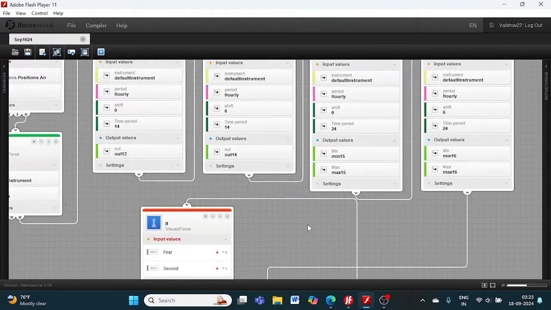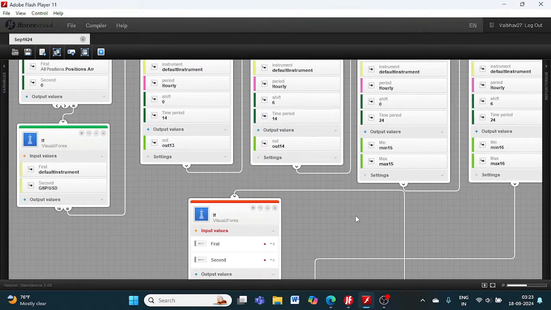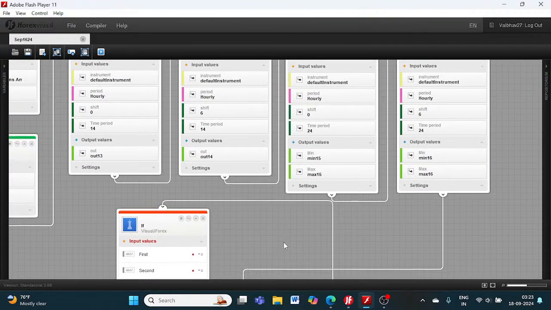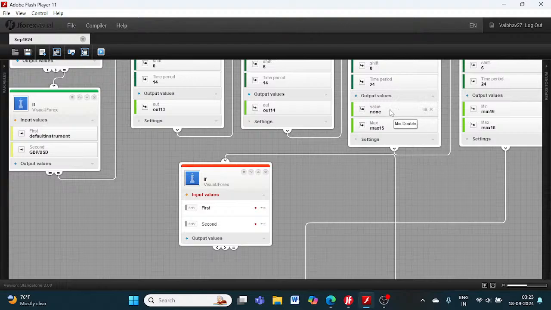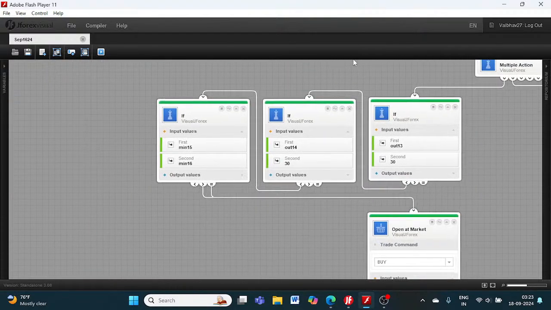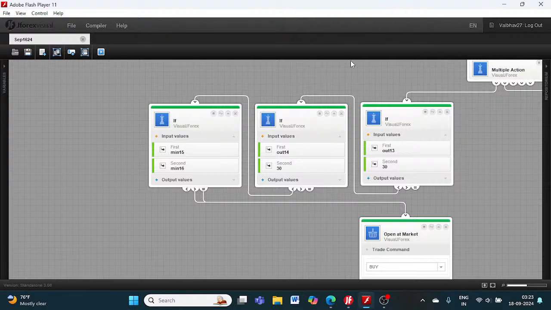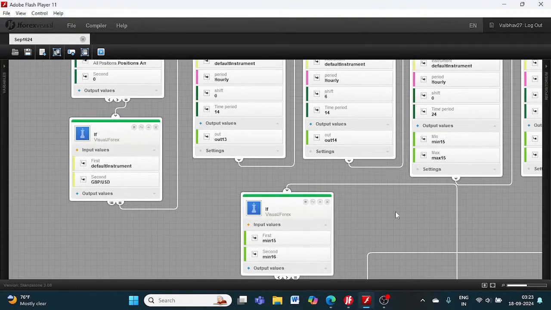For the minimum output, I am going to take minimum 15, which needs to be greater than or equal to minimum 16. This is for the buy, but no, not for the sell trade.